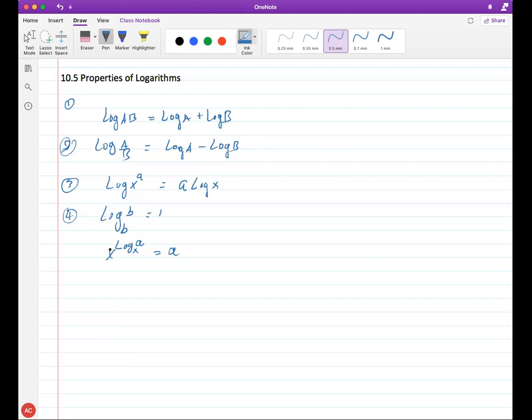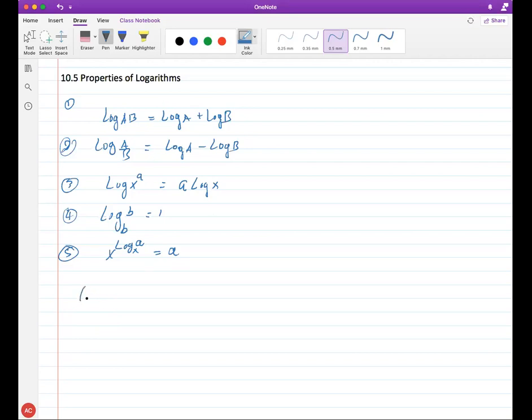For this one, if the base here and the base here are equal, then this simplifies to a, whatever the number here is. This is a base, okay? It's not the base of a, it's the base of a log, small number here. And that's pretty much it, we're going to work with these 4 of these 5. This should be enough, I believe.